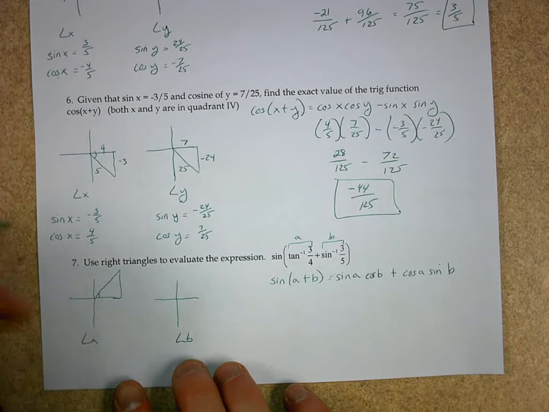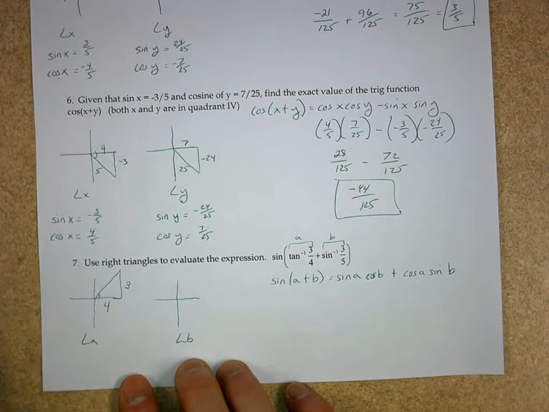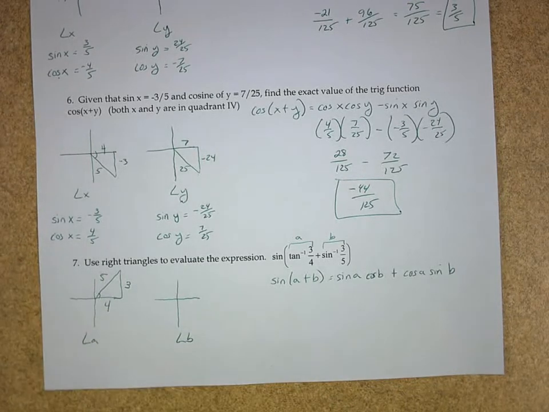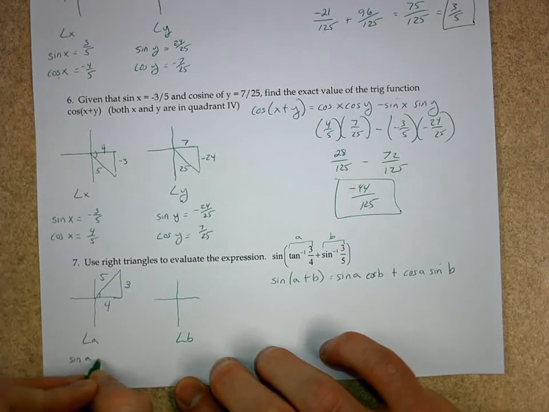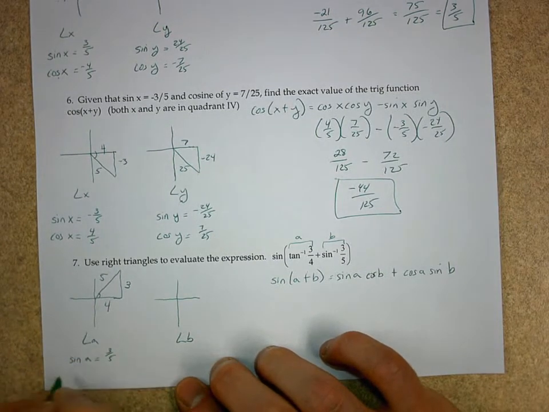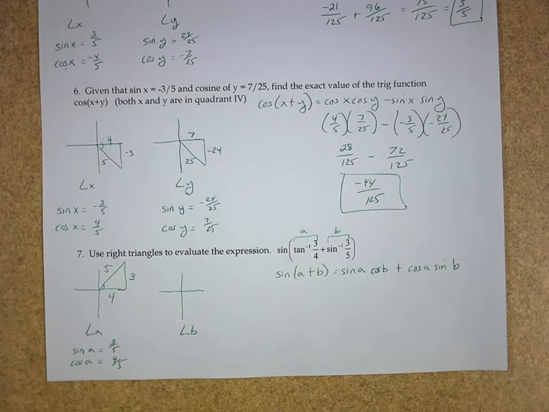Tangent, excuse me, is opposite over adjacent. So 3/4, which means I've got a 3, 4, 5 triangle. So the sine of A is going to be 3/5, and the cosine of A is going to be 4/5.